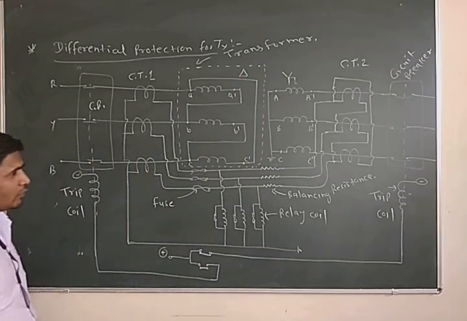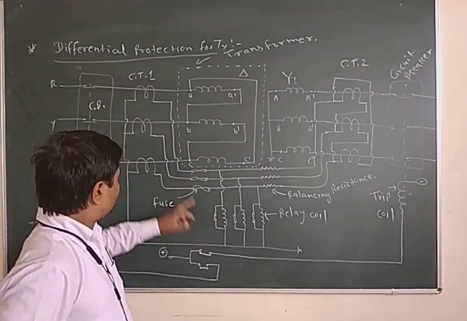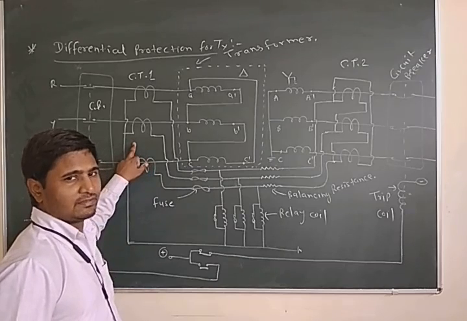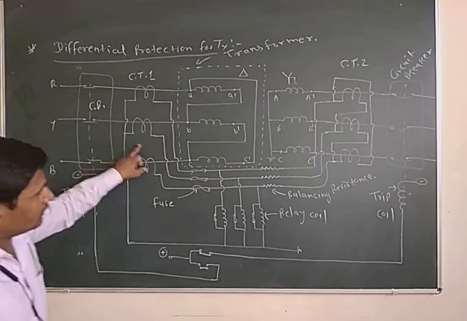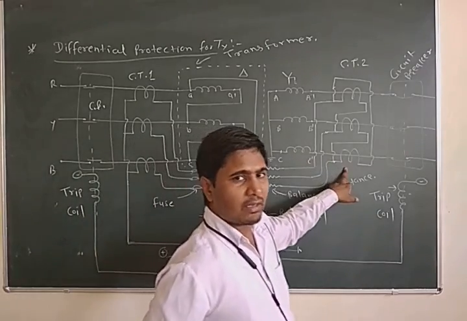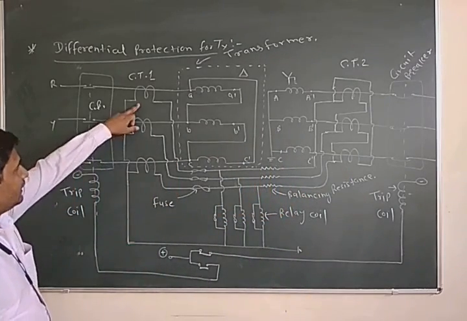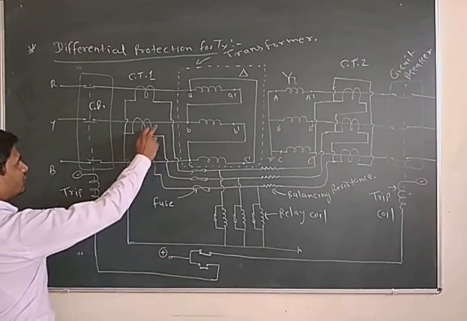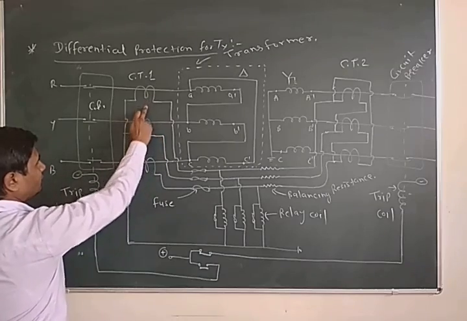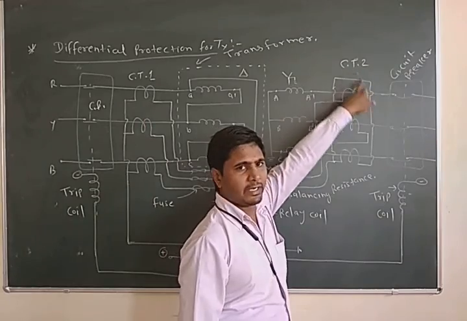In the differential protection scheme, the equipment which we have to protect should have two CTs, one on the primary side of the equipment and one on the secondary side. So we connect 3 CTs, one in each phase of the primary of the transformer, CT1, and on the secondary side CT2.